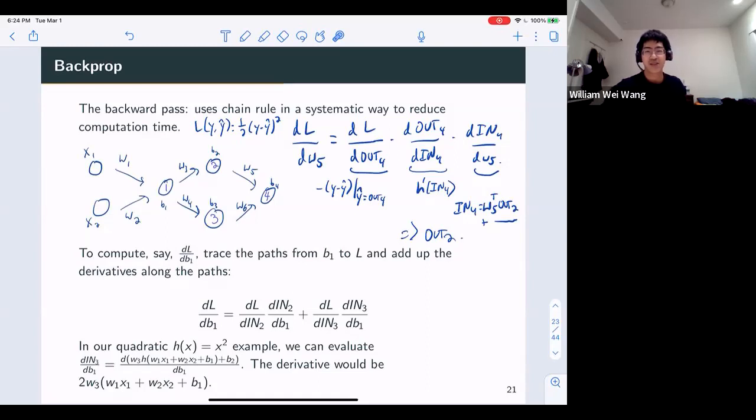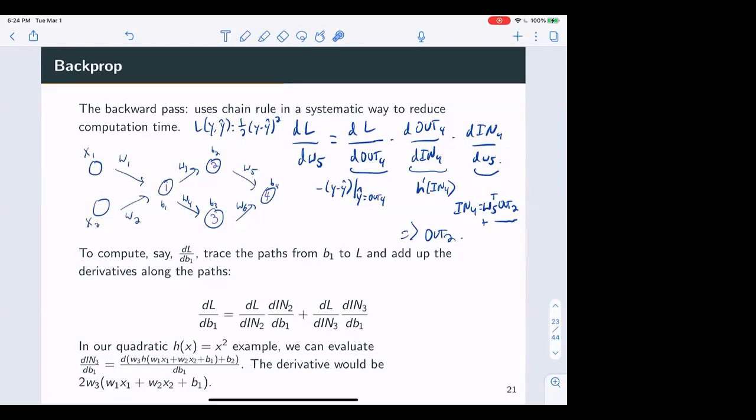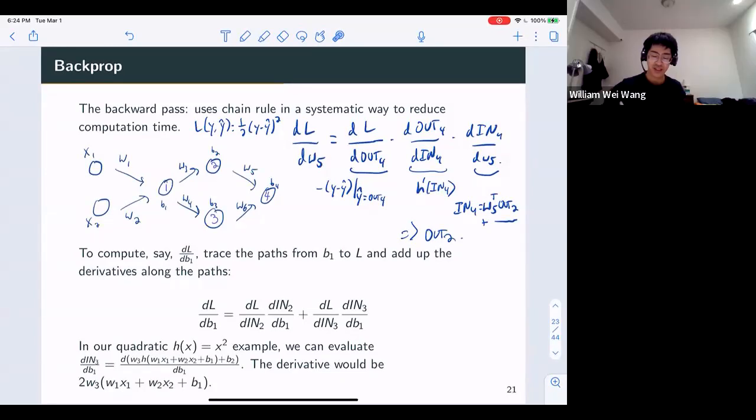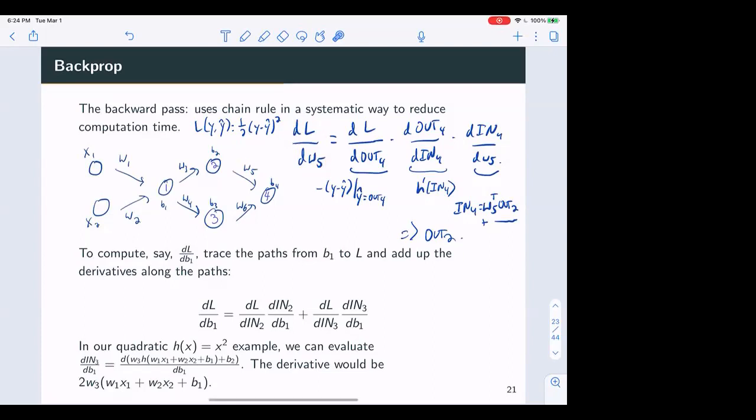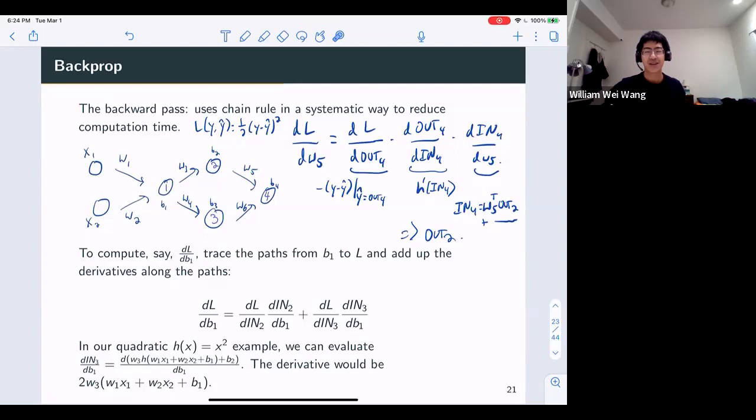So this is the essence of the chain rule. It says that the loss is some function of W5, but W5 takes a bunch of steps to get there. Let's break it into these different steps. How does W5 get to L?